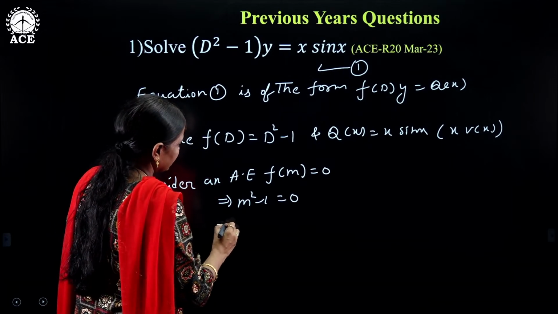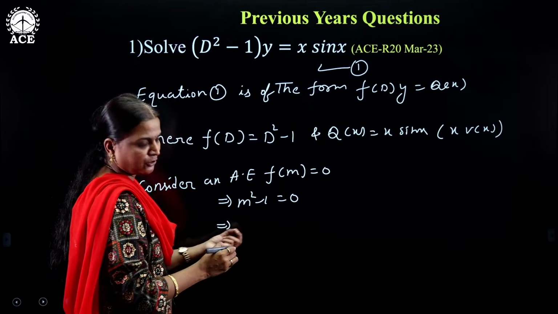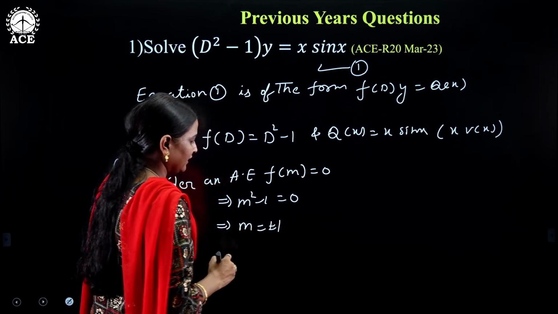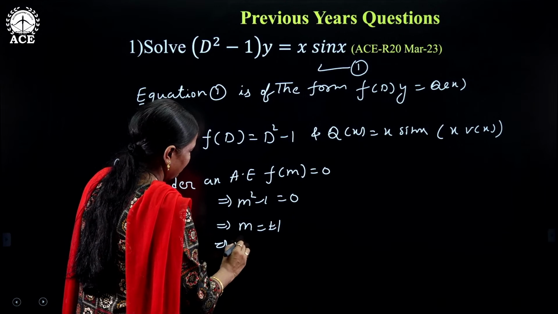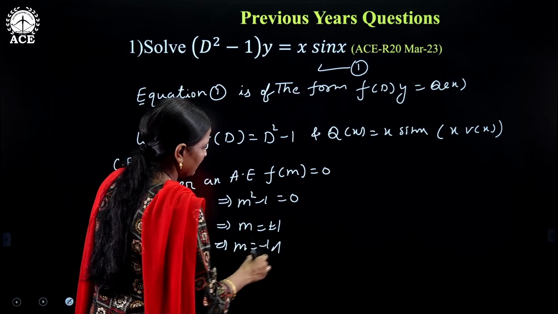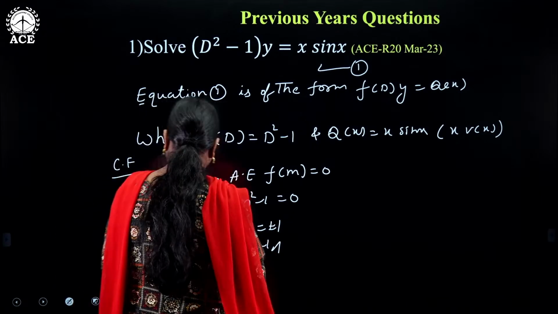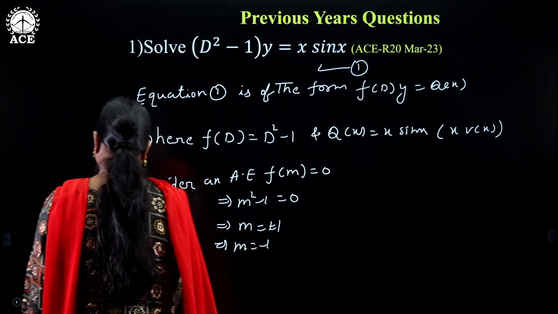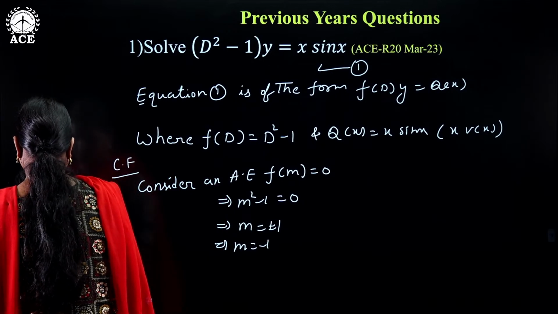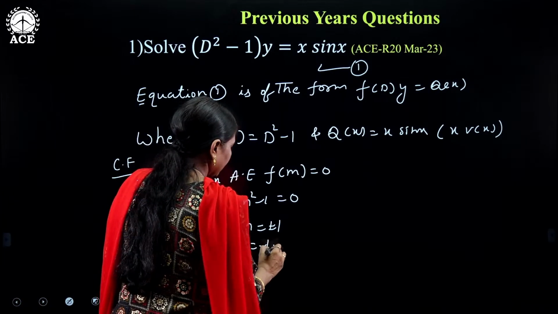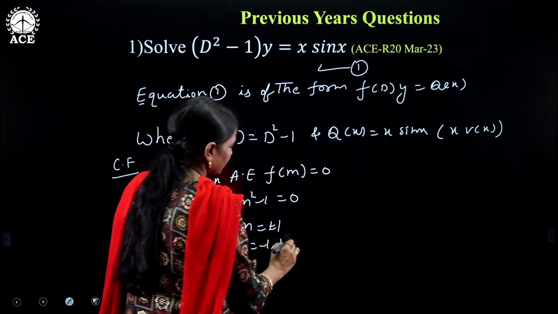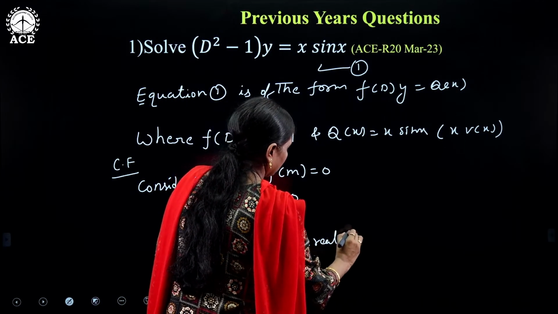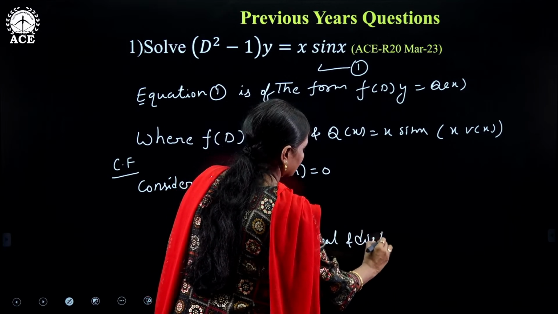M square minus 1 is 0, that is m minus 1 into m plus 1. So that means roots are plus or minus 1, that is m is equal to minus 1 comma plus 1. So roots are real and distinct.